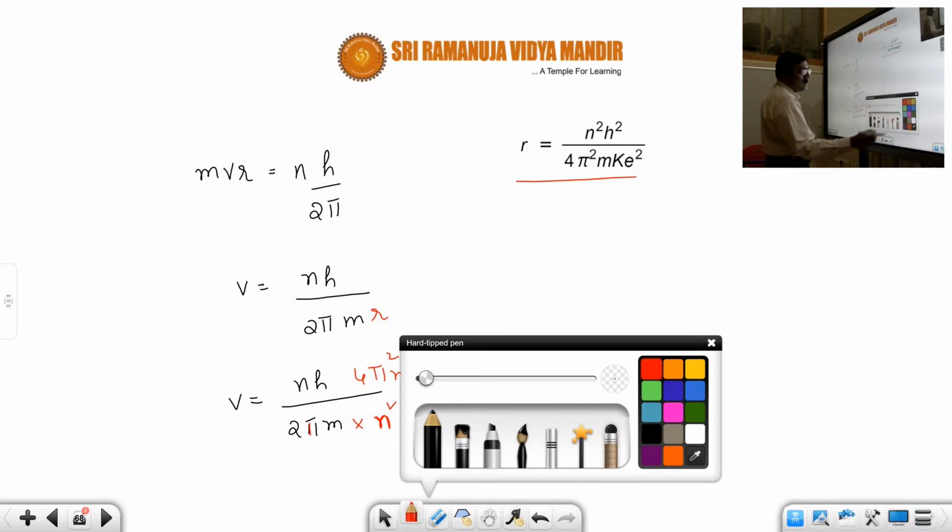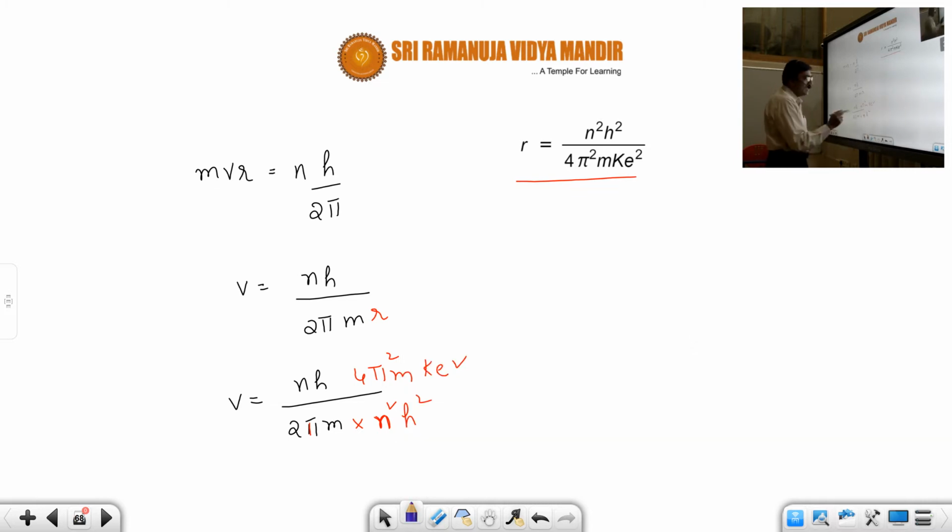Now let us strike off. So here n gets cancelled. One n and one h are left out, and here a pi gets cancelled. Here a 2 gets cancelled. Agreed? Now what is left out?